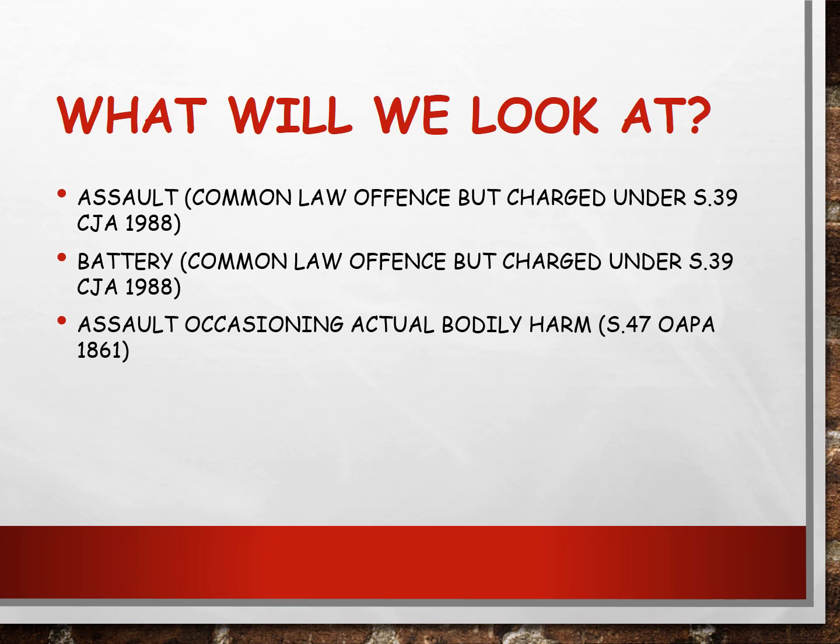So these are all really old offences, and they have been around for hundreds of years. They have been developed mainly through judge-made law, as we will see, but we do have this piece of legislation which is obviously very old, roughly 150 years old, so it does need reforming.